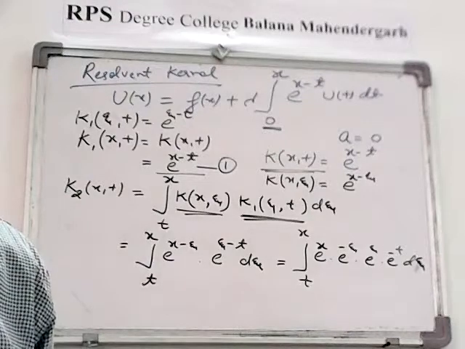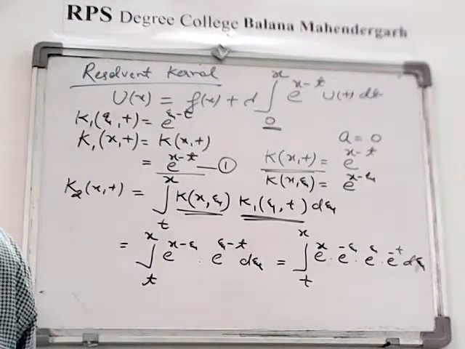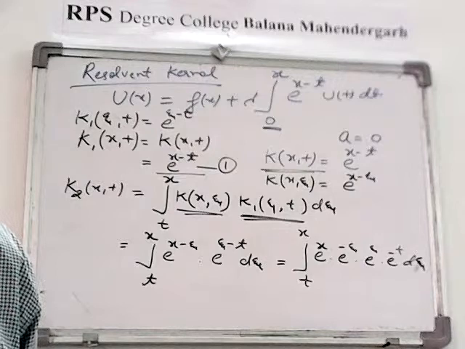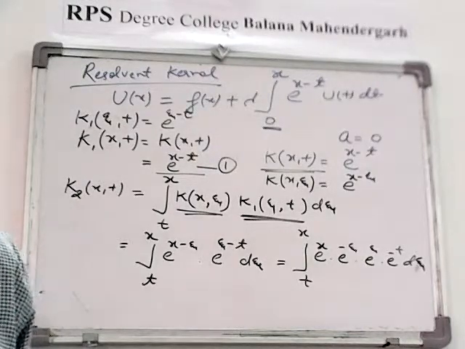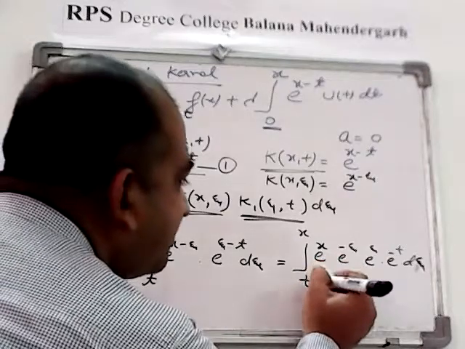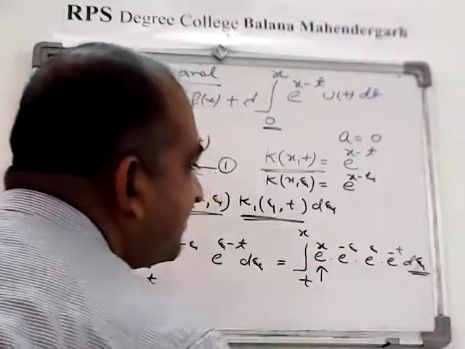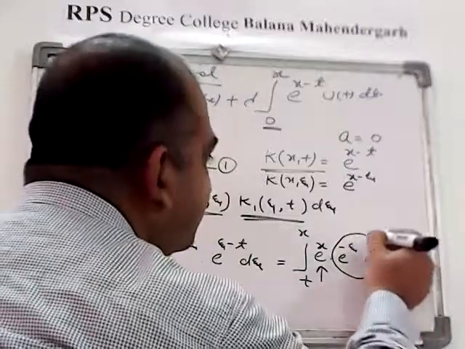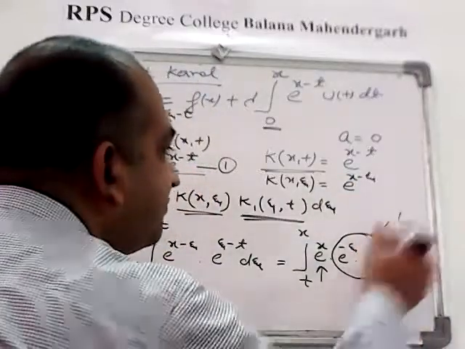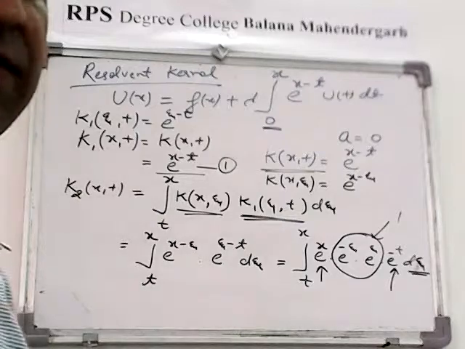Integration is with respect to xi. Now we can see that this is constant because integration is with respect to xi, and this term after simplification will become 1, since e raised to power 0 is 1.